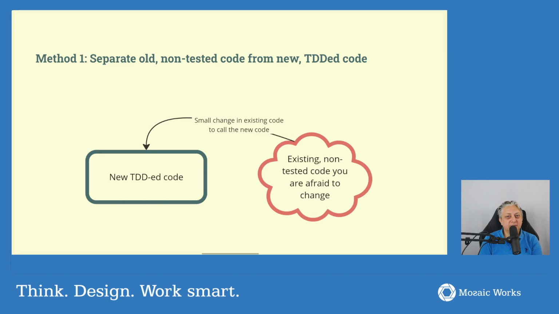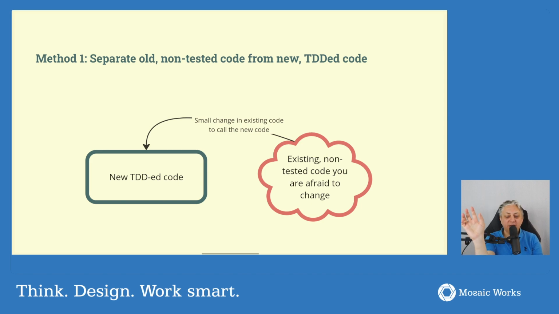But the advantage of this is that you start having two very clear parts. One is the new thing, written in a way that is hopefully better, but at least it's covered by tests.